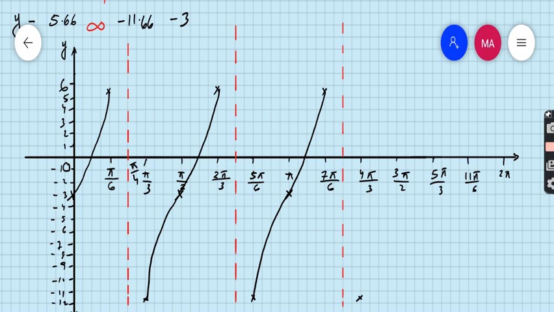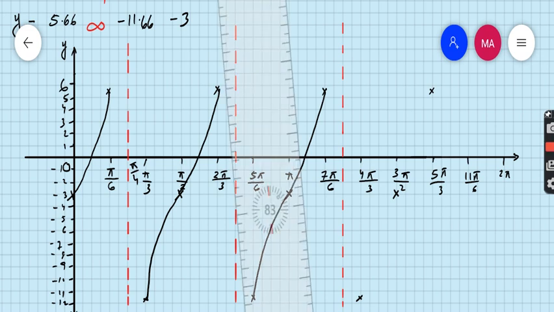At 3 pi by 2, the value is minus 3. At 5 pi by 3, the value is 5.66. And at 7 pi by 4, the value is undefined. That is asymptote.